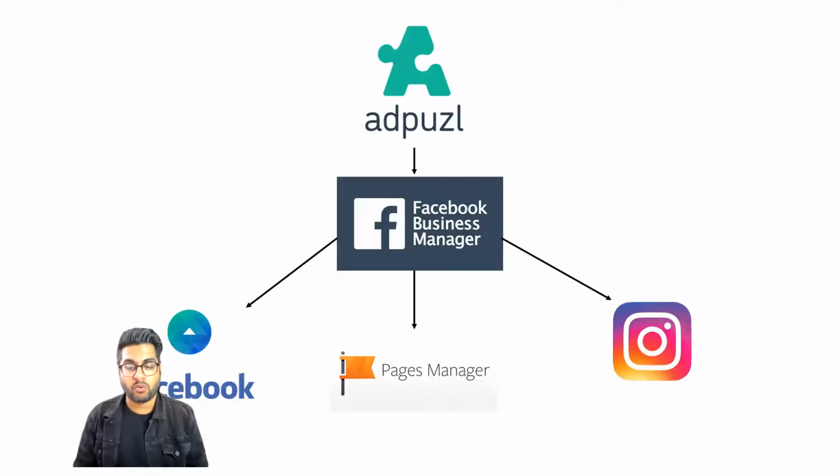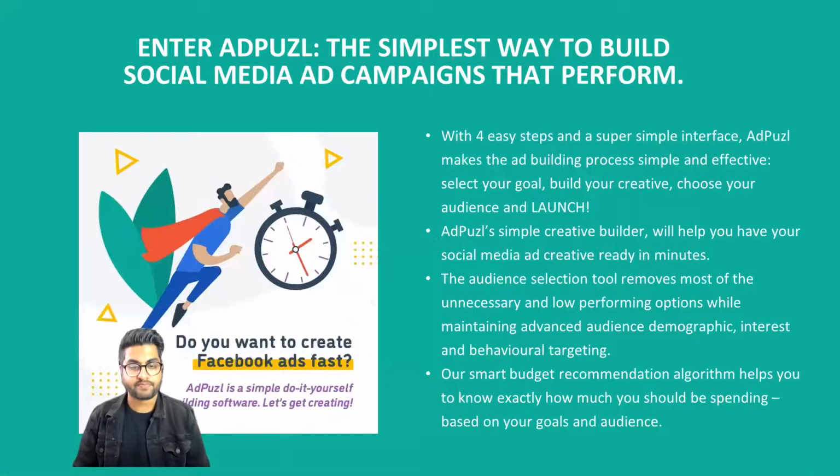So this is what makes AdPuzl so great, because now we're avoiding the problem that we saw on the last slide, which is really having a complex system, too many options, not knowing what to select, the risk of spending budget in the wrong ways, and not being able to measure performance effectively. We've eliminated that by having one simple platform to use, AdPuzl, in order to do all of that. Enter AdPuzl, the simplest way to build social media ad campaigns that perform.